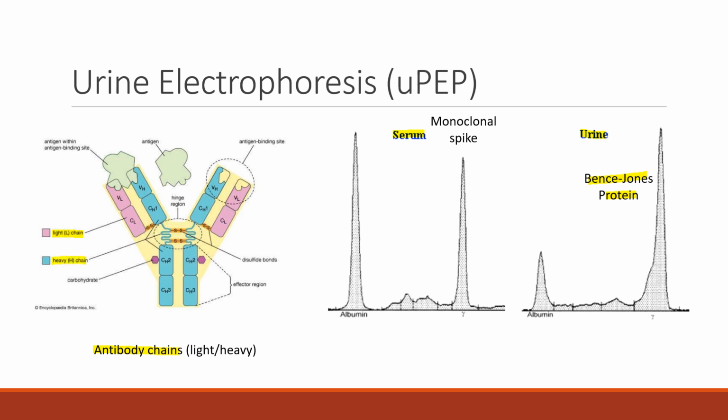However, an antibody produced by a cancerous plasma cell will have many of these light chains and not as many heavy chains. So there are a lot of these light chains floating around, and these proteins end up getting peed out by our bodies, and so we'll see a spike in that antibody gamma region.